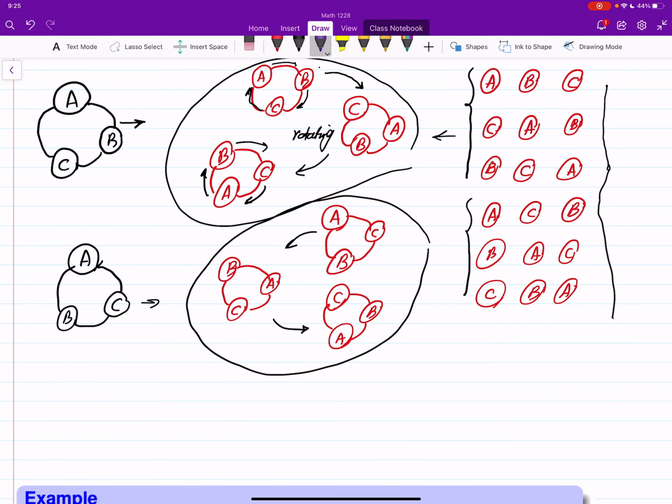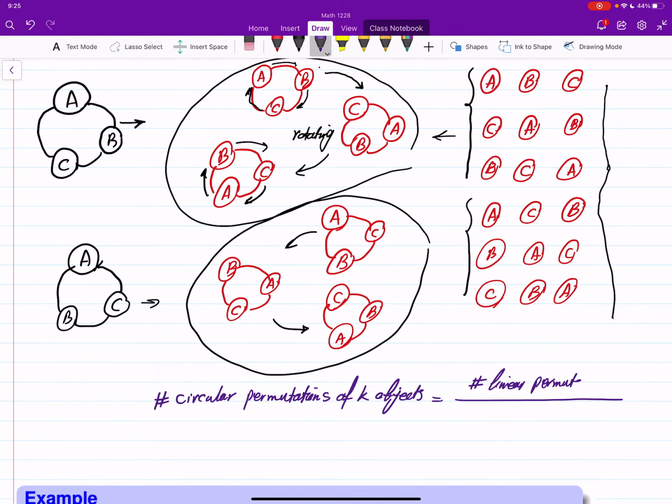So here the number of circular permutations of k objects is going to be the number of linear ones of k, but then you are overcounting.